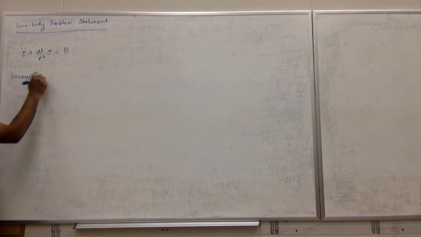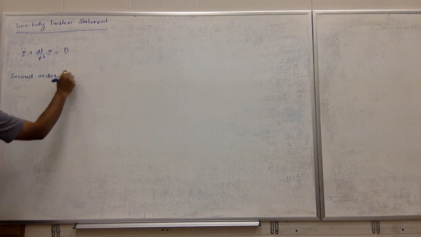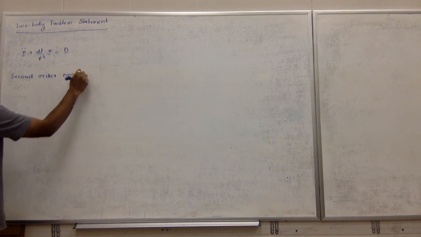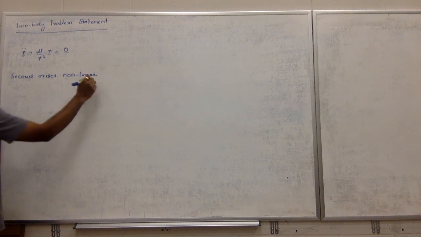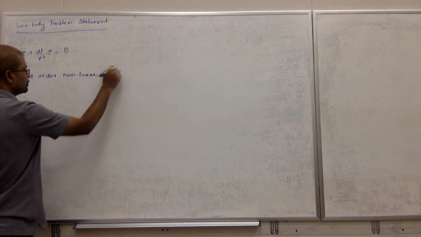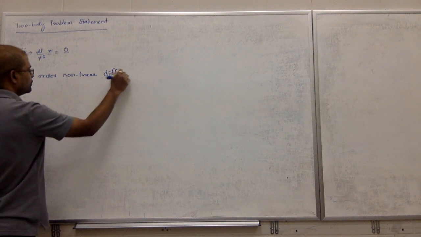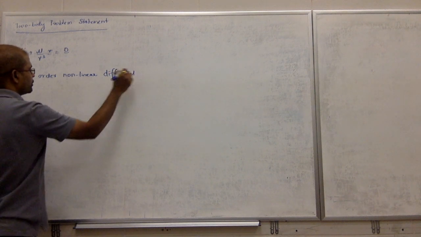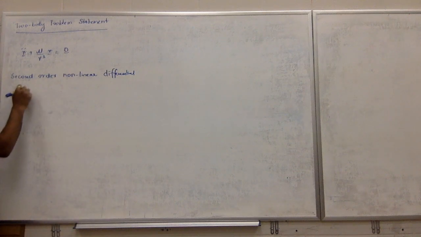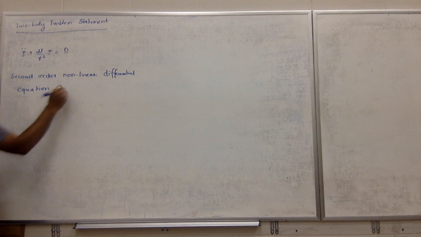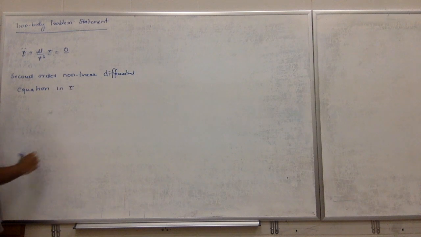Second order, non-linear differential equation in R. Does that make sense?